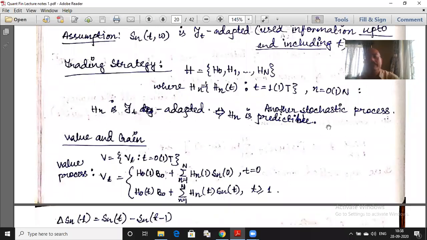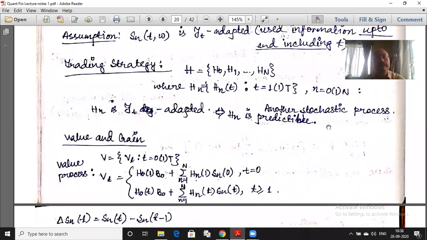Now there is a little bit of notational work here, which we will clarify very soon. I said that I can make my decisions on day 0 up to day t-1, but I am indexing it by day 1 to day capital T. Why is that? I will clarify soon. Now again we make the same assumption that H^n is F_t adapted.